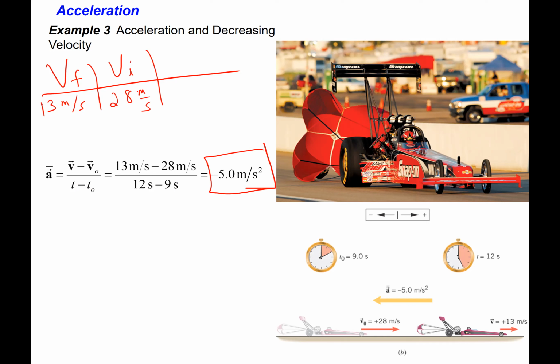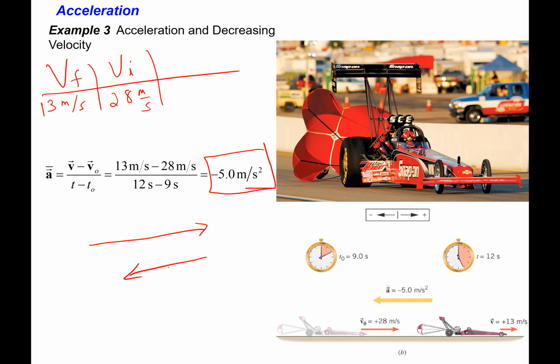So that tells me also that my acceleration vector is acting in the opposite direction of motion. In other words, the object was moving at 28 meters per second in a positive x direction, but the acceleration vector is slowing it down. Otherwise, it wouldn't slow it down.